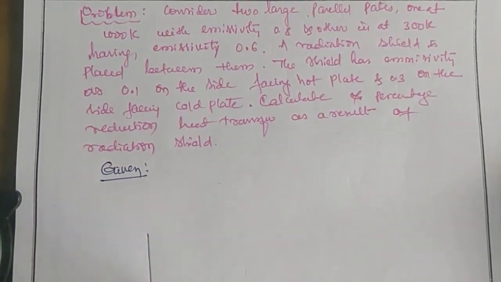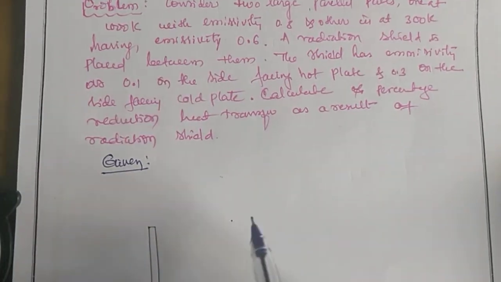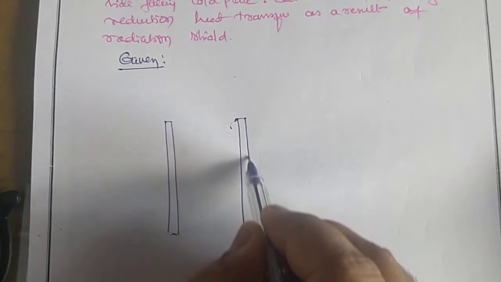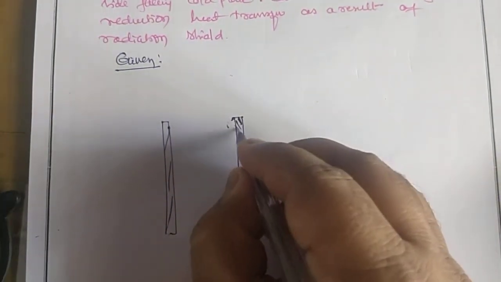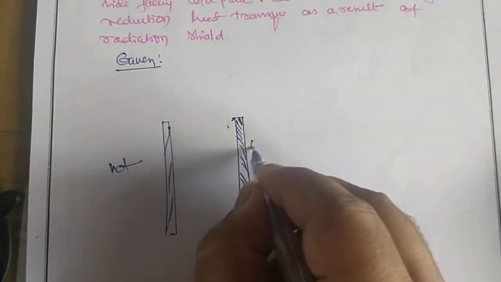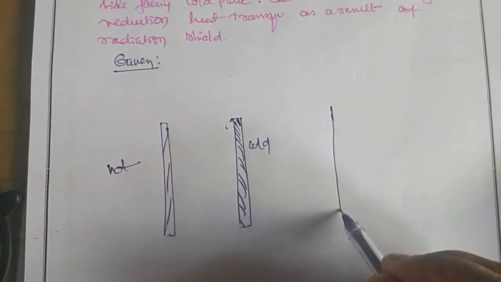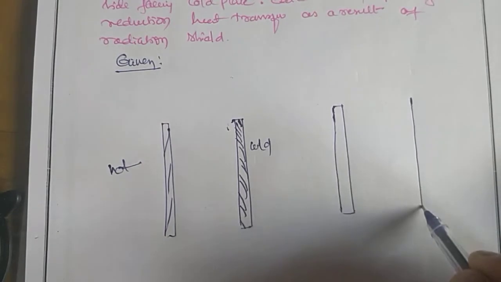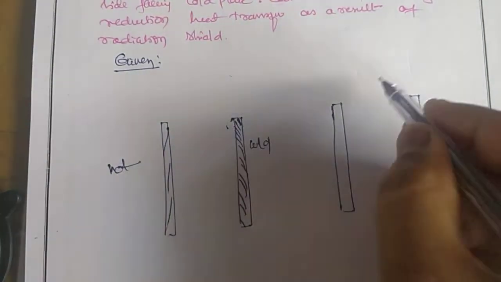So there is a sheet like this, the hot plate, and another one, the cold plate. Assume this is hot and this is cold. In the next case, for the same plates they are introducing one radiation shield.